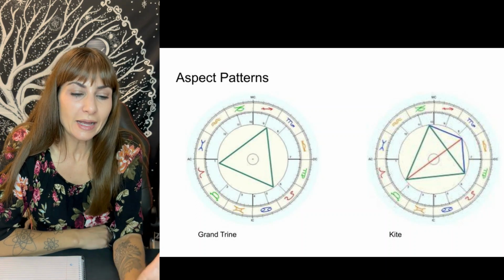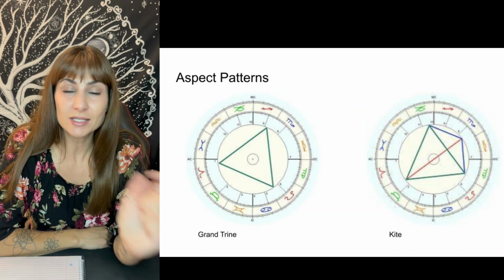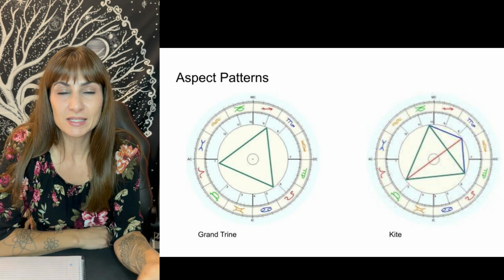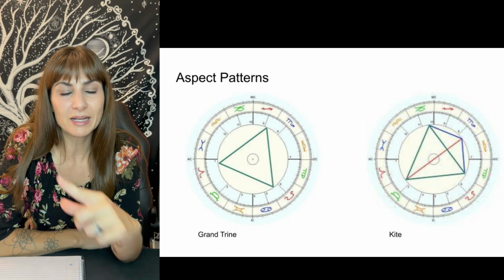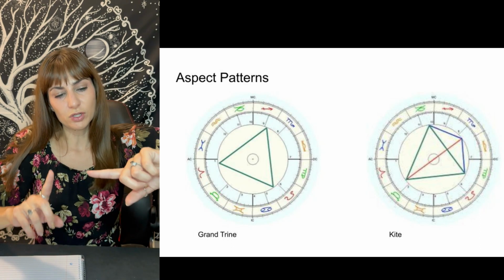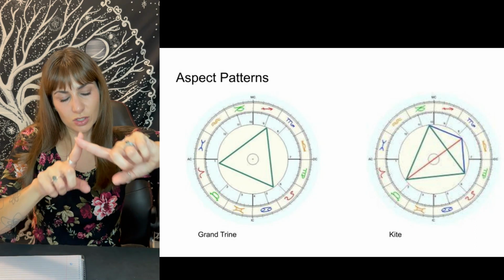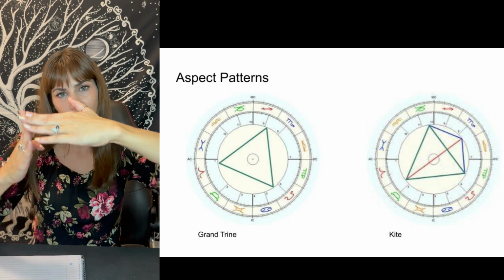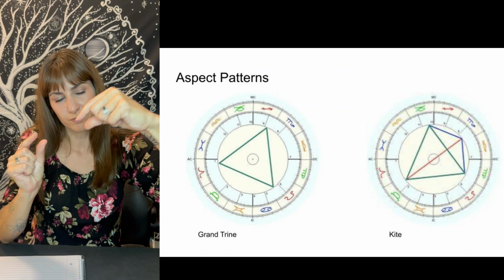Okay. The kite pattern is just like the grand trine, only we are adding into it an opposition down the middle, and because there's an opposition down the middle, what you're seeing in this kite is a grand trine, an opposition down the middle, and two sextiles making up the smaller part.